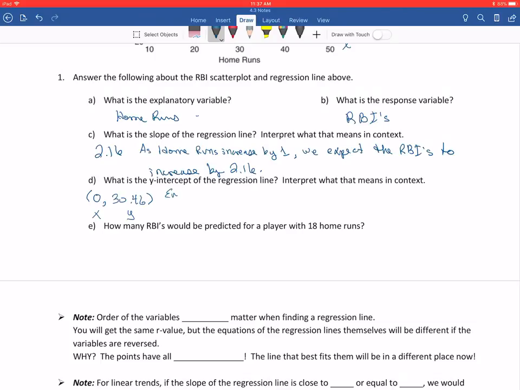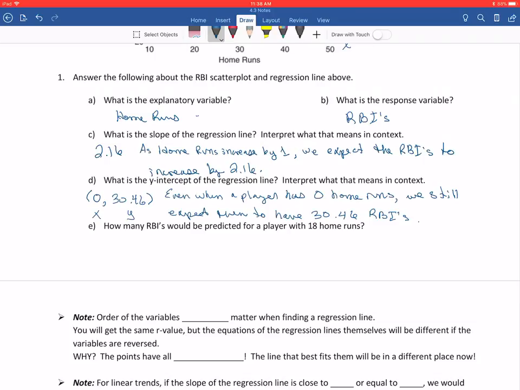So x here was home runs. So I could say something like, even when a player has 0 home runs, we still expect them to have 30.46, and that's my y variable, and my y variable was RBIs.